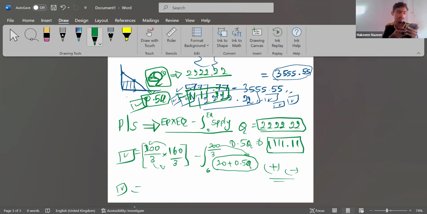Then calculator එක answer බැලුවොත් for the integration 20 plus 0.5x, 0 to 203. And for the answer 2444. Hari.